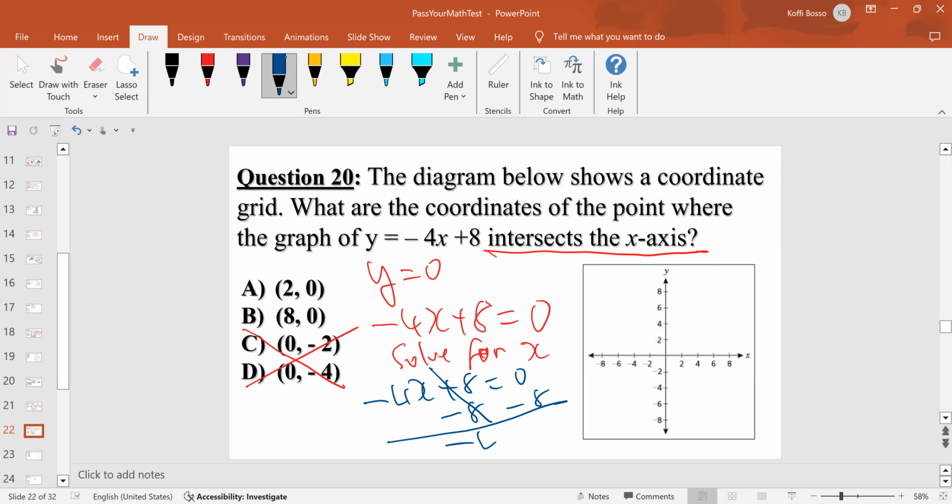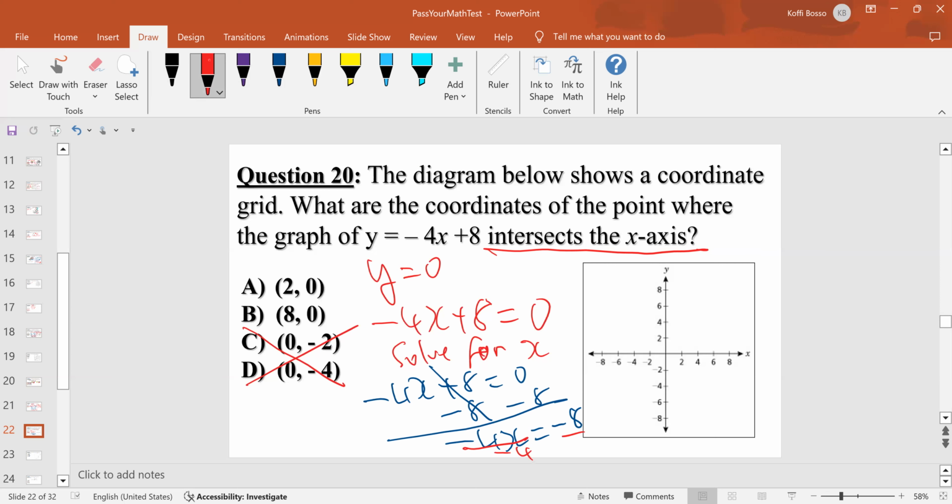So I have negative 4x is equal to negative 8. Okay, therefore, I will divide everything here by negative 4. So I will have x is equal to negative 8 divided by negative 4. And that gives me positive 2.